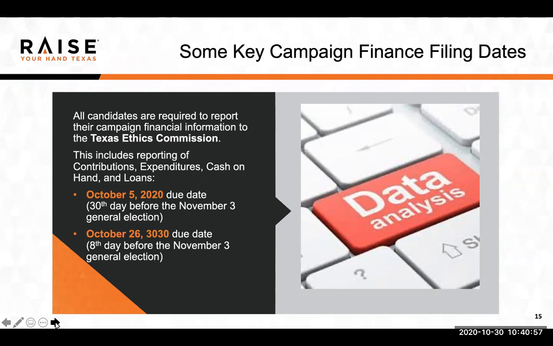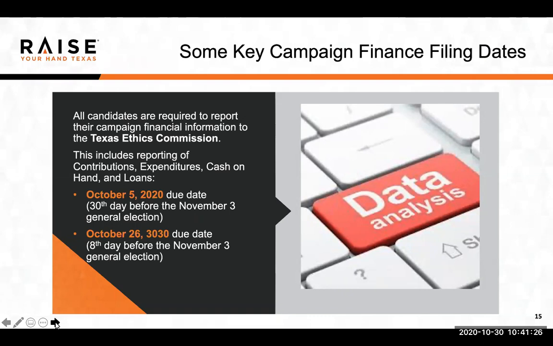I think it's important to understand that there is a schedule that all candidates must adhere to when it comes to providing transparency in their campaign finance dealings. In the current world, we're in November right now, approaching the general election on November 3rd.